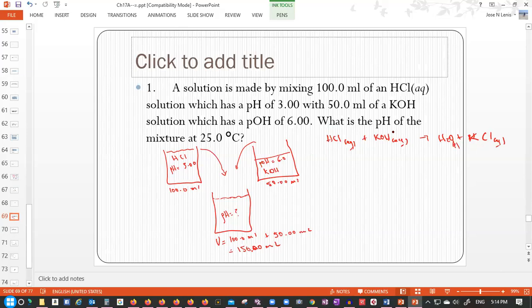And the stoichiometry is 1-to-1, according to the equation. One of them, the limiting reactant, is going to neutralize a portion of the reactant that is in excess. And whatever is left over of that reactant that is in excess, that is what is going to give the final pH of the solution. So let's find these numbers.